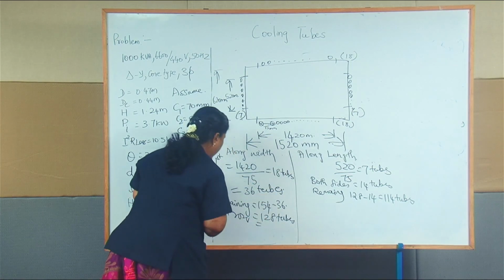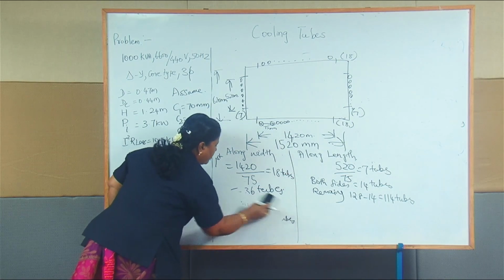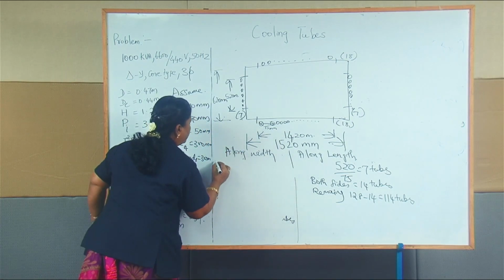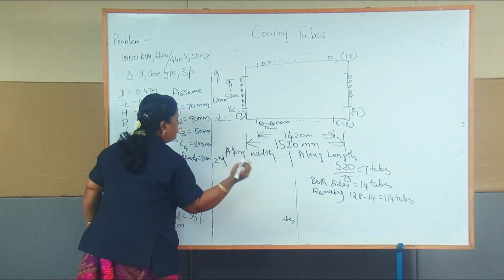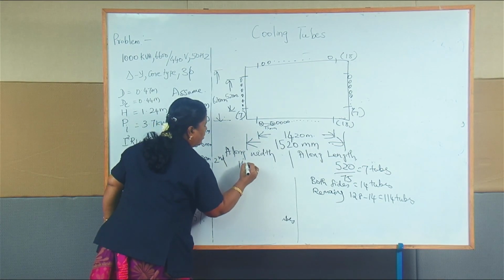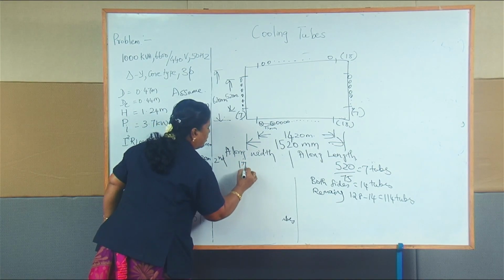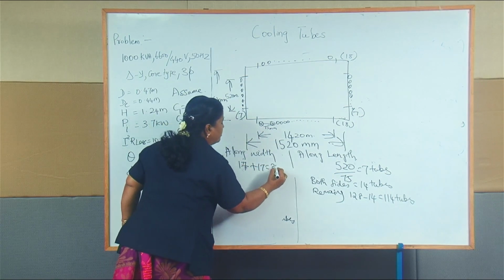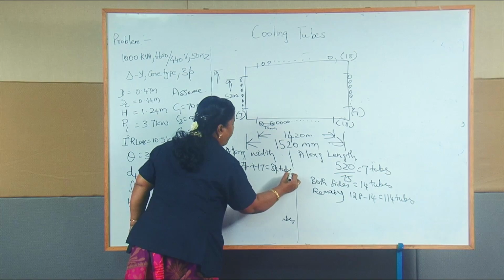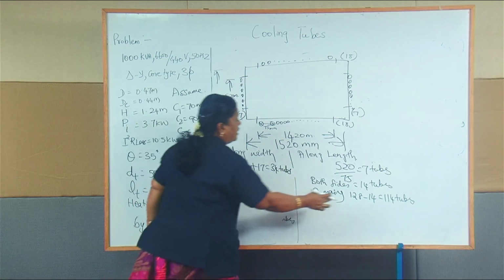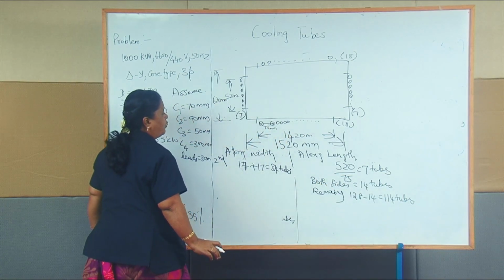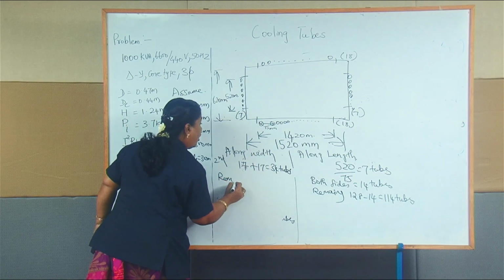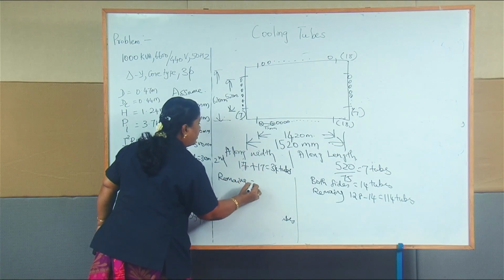So, in the second row, first it was 18, now it will be 17 tubes. Okay, 17 tubes on both sides. So, 17 plus 17 is 34 tubes. What is our remaining tube? It is 114 tubes, isn't it? Okay. So, the remaining tubes after the first row is 114.